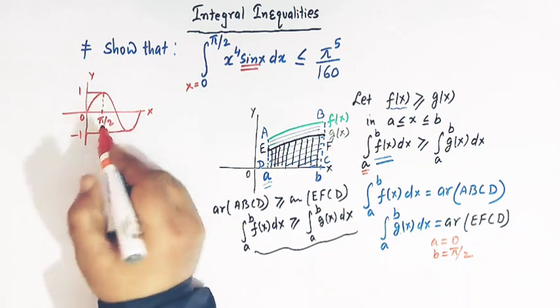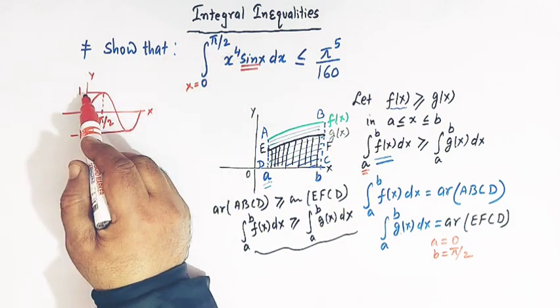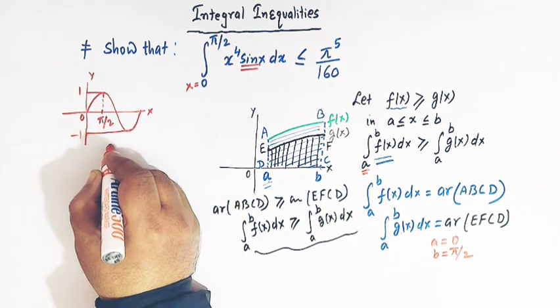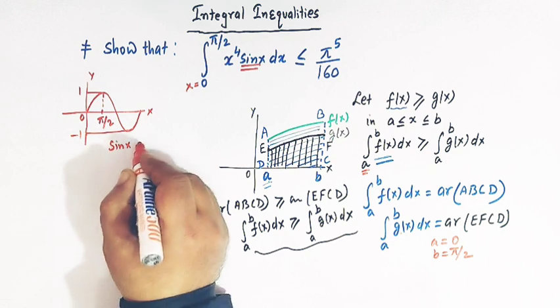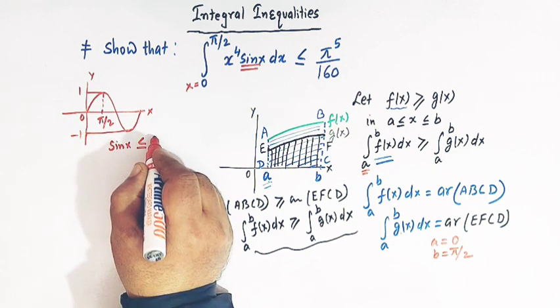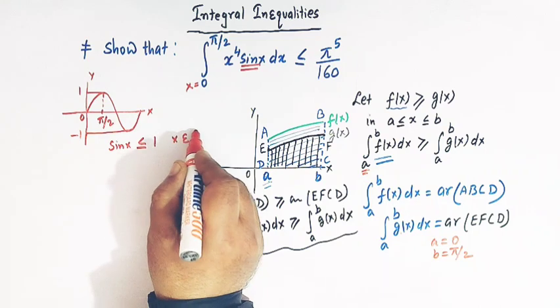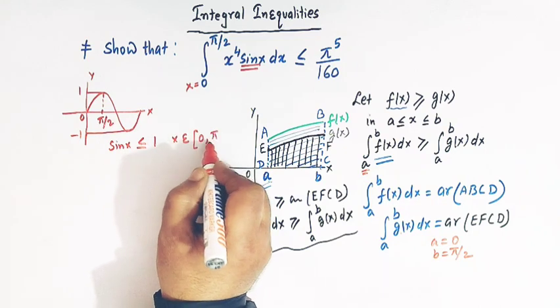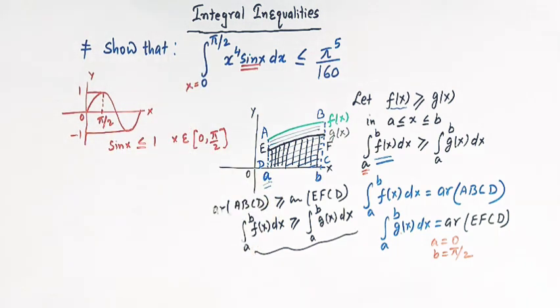At x equal to pi by 2, the value of sine x is 1. So we can start with the statement that sine x is always less than or equal to 1 when x lies between 0 and pi by 2, which happens to be our limits of integration.